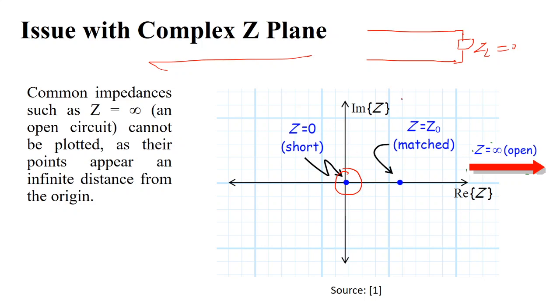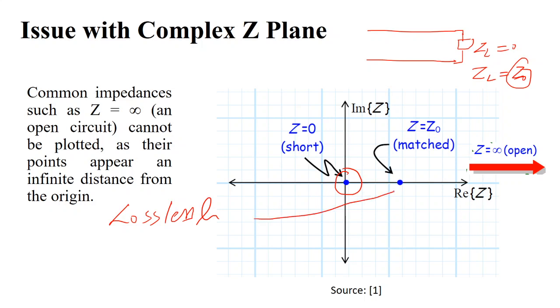Similarly, if Z equals Z naught, and because Z naught is real for a lossless line, we are talking about a lossless line.